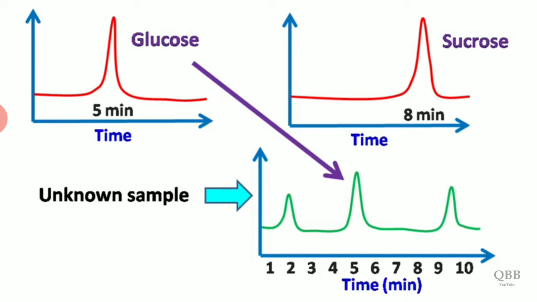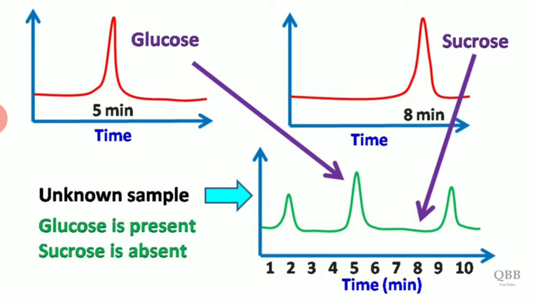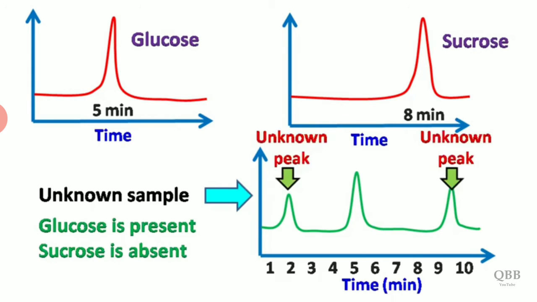So I can easily say that the peak at 5 minutes is of glucose, and as there is no peak at 8 minutes, it means glucose is present in the unknown sample and sucrose is obviously absent. And these two peaks are obviously unknown peaks because we don't have any reference standard.